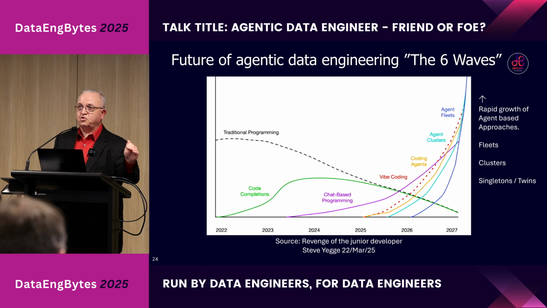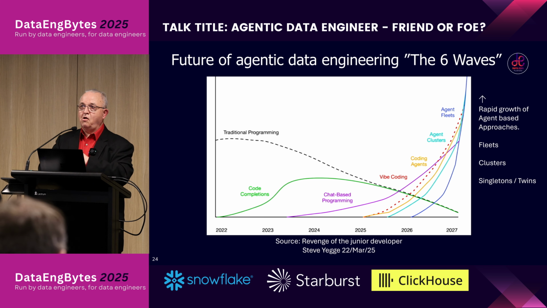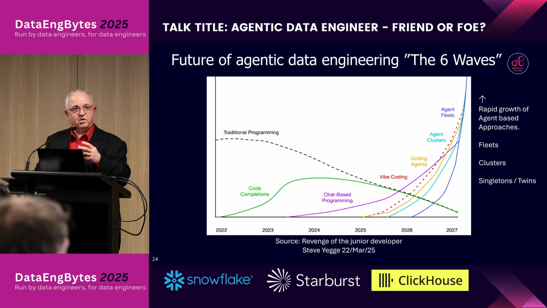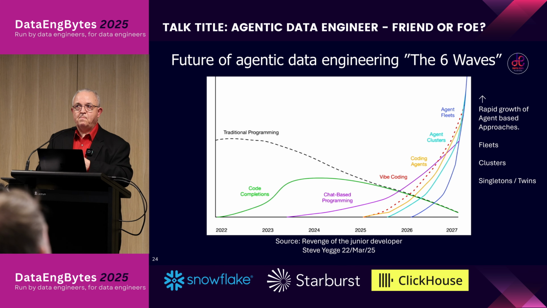So the kind of traditional programming, which will decline. Then code completions, which came in probably four or five years ago and accelerated with the launch of generative AI. There's the phenomenon of vibe coding. Obviously that's not something you should be using for any sort of production things, but it's useful for prototypes, that kind of stuff.